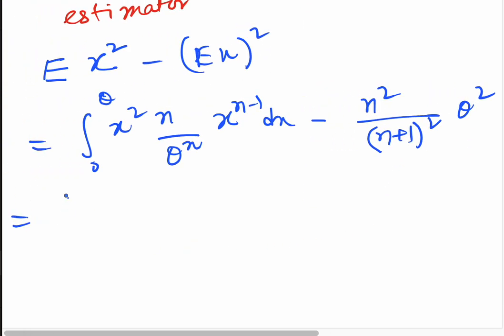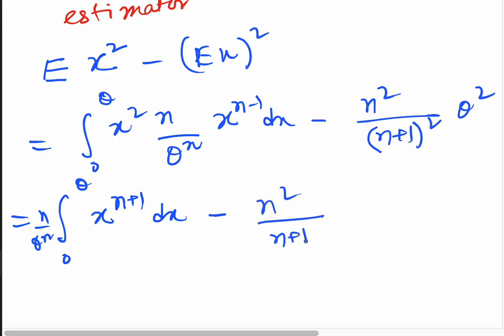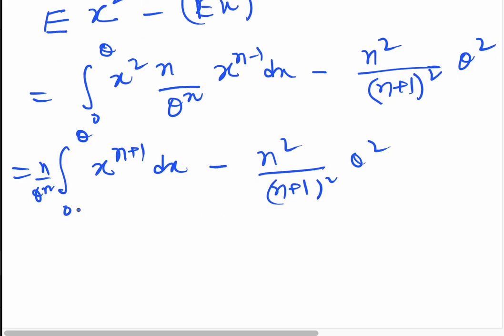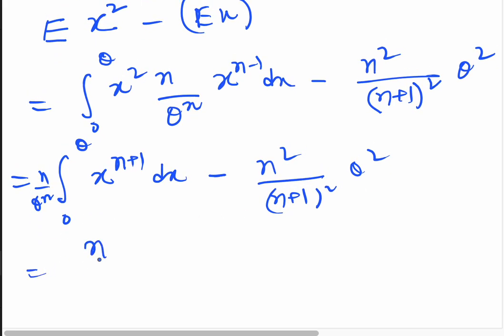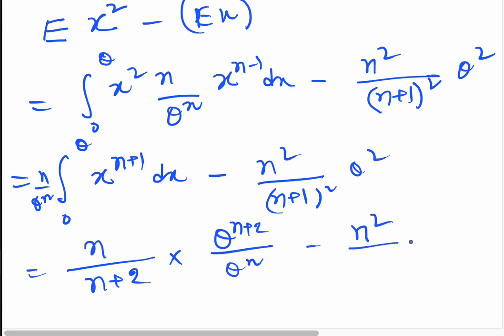So this is the integral from 0 to theta of n by theta to the power n, x to the power n plus 1 dx, minus n square by n plus 1 square theta square. That gives n by n plus 2 into theta to the power n plus 2 by theta to the power n, minus n square by n plus 1 square theta square.